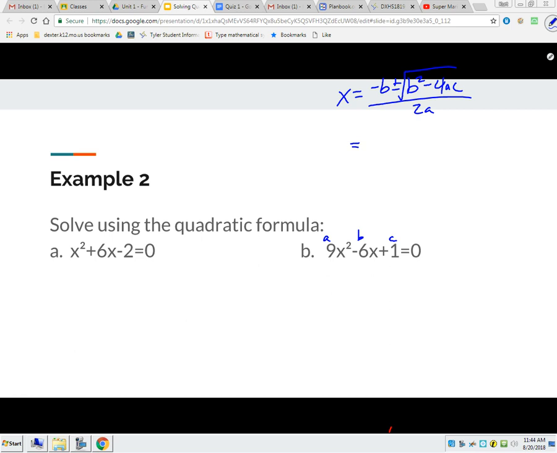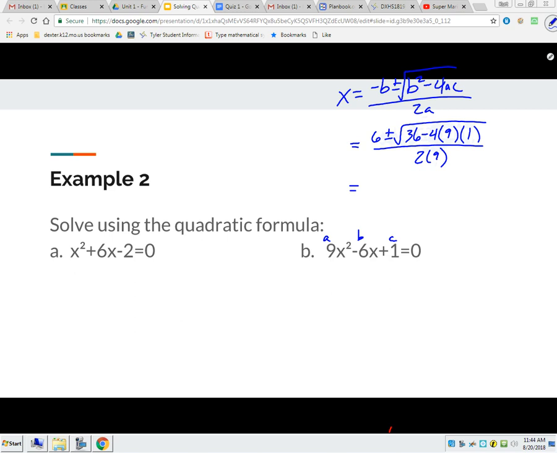So the b is -6. So I take the opposite of -6, that's going to be a 6. B squared. Well, if I square a -6, that gives me 36. It should always be a positive number right there. A is 9, C is 1, all over 2 times A.